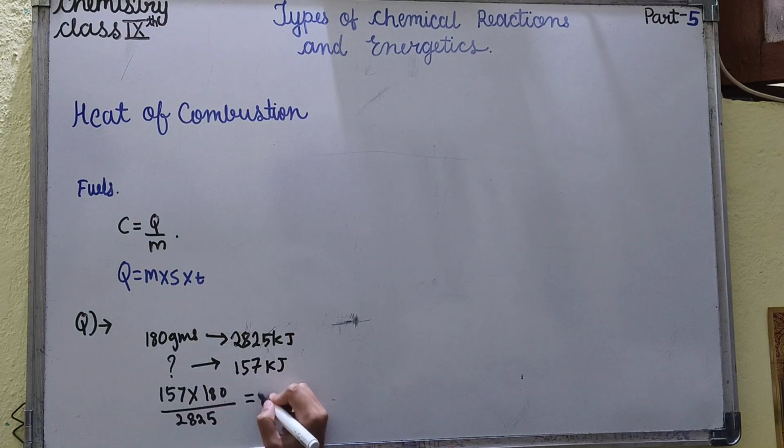By multiplication we'll get 10.0, that is 10 gram. So the amount of glucose needed to supply the required energy to the brain will be 10 grams. I hope you have understood till this.